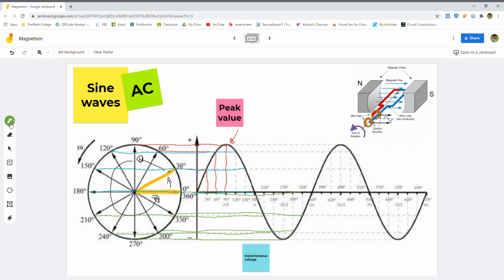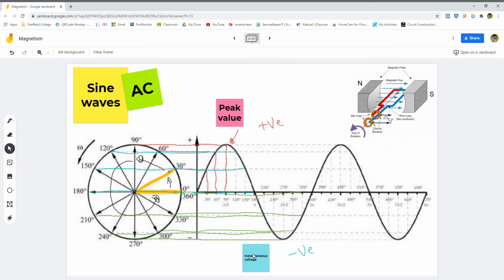So that's how the sine wave works. This is our positive half of the sine wave, and this is our negative half of the sine wave. And the peak value we only ever take on the positive half.